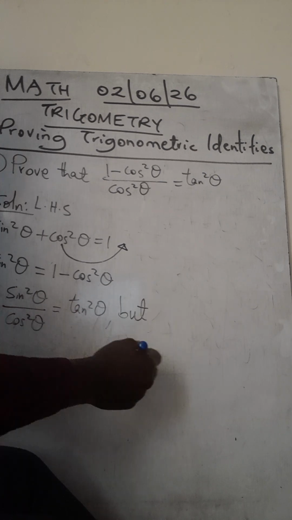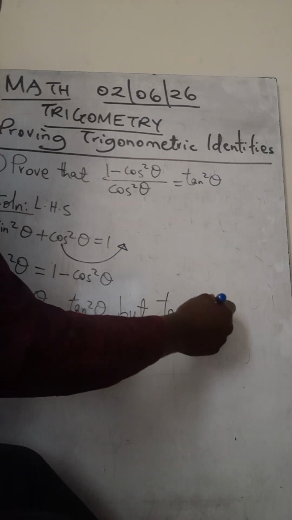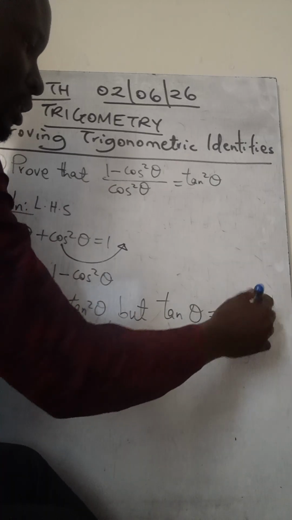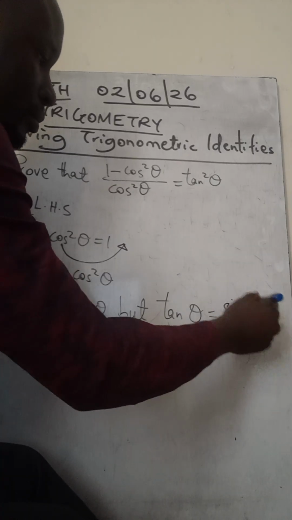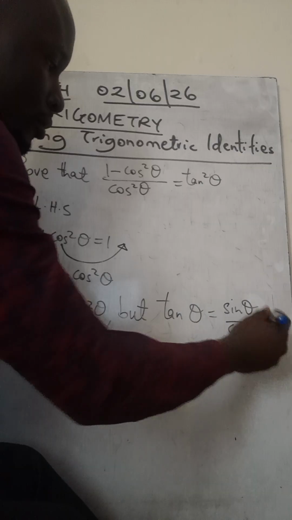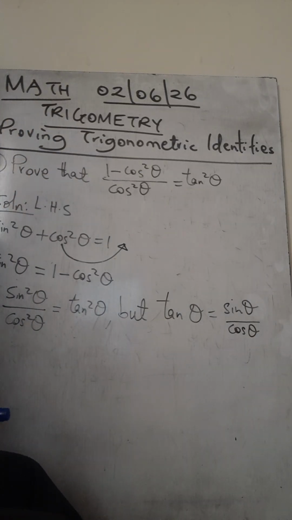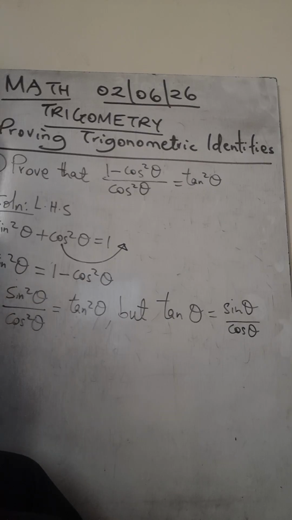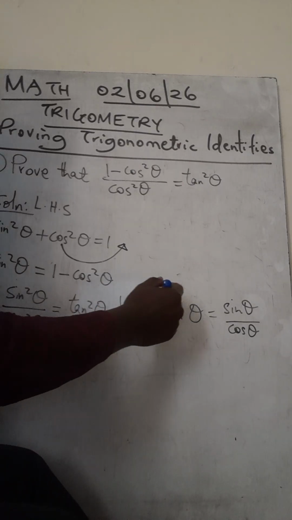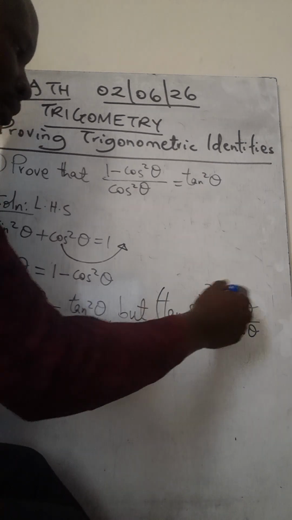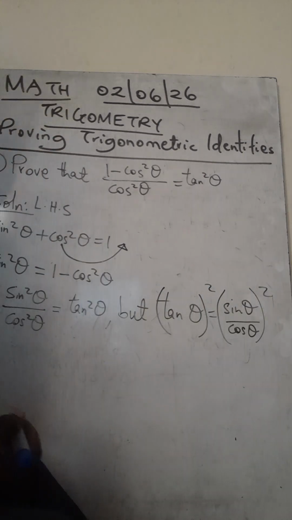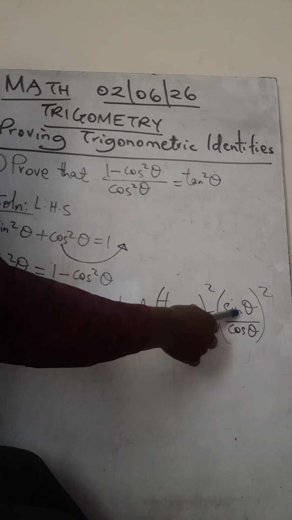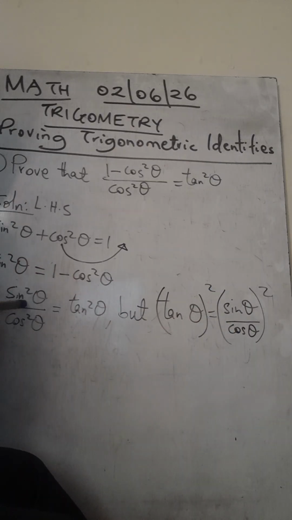But there is a point also, we say tan theta is equal to sine theta over cos theta. But this one is squared, you can see. So you can choose to square both sides like this, so that tangent squared of theta is the same as sine squared of theta over cos squared of theta, which gives this.